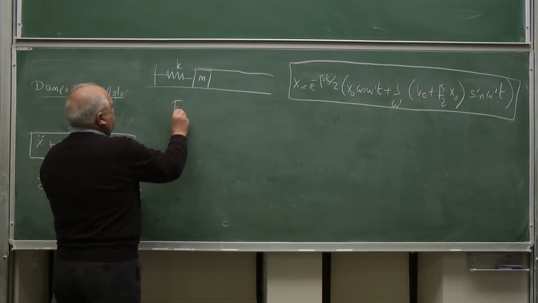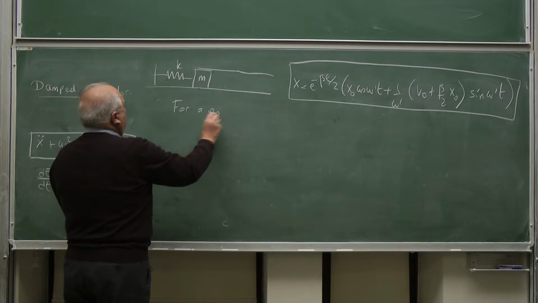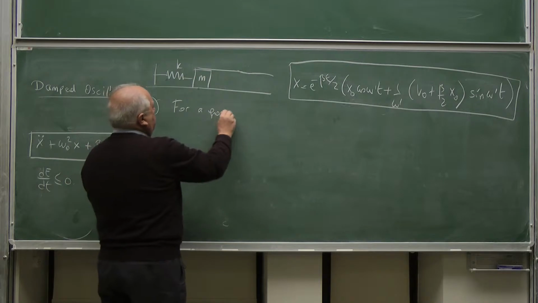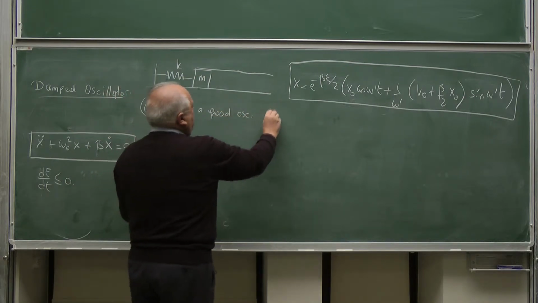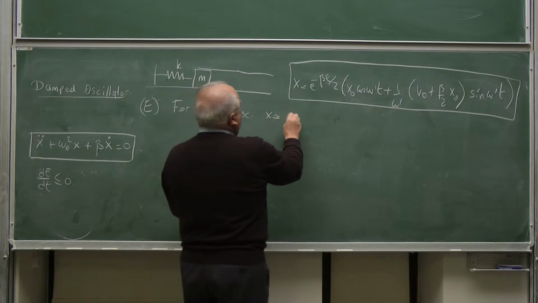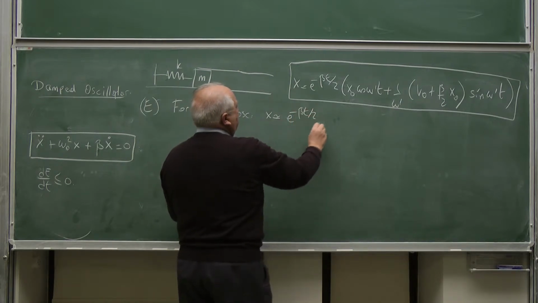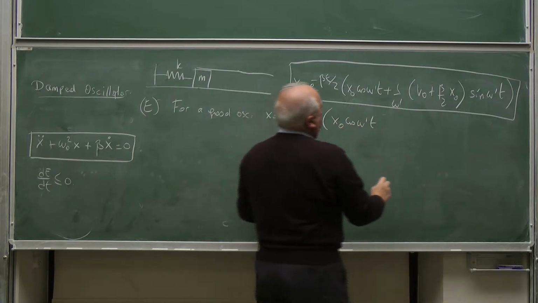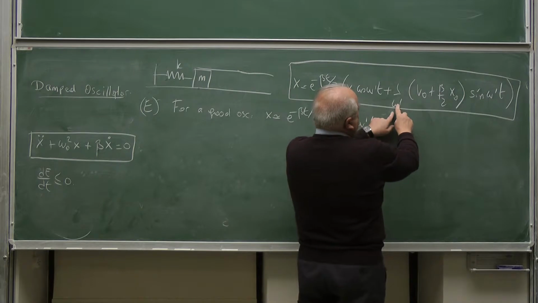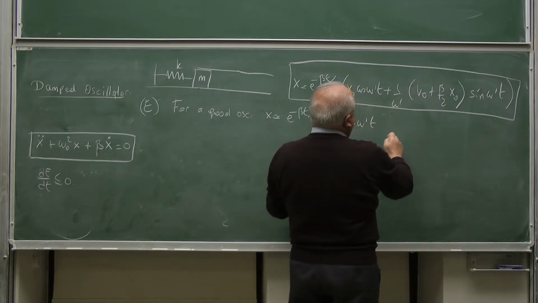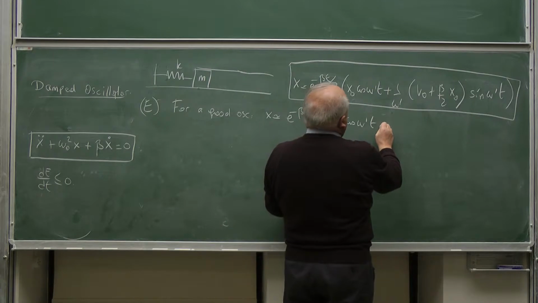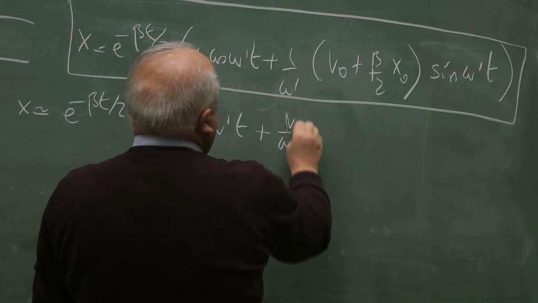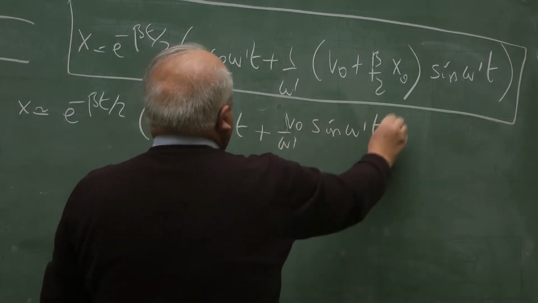For a good oscillator, I am trying to write the energy E. For a good oscillator, x is like e to the minus beta t over 2, x0 cosine omega prime t. Here I have beta over omega prime, which I will neglect, plus 1 over omega prime v0 sine omega prime t.